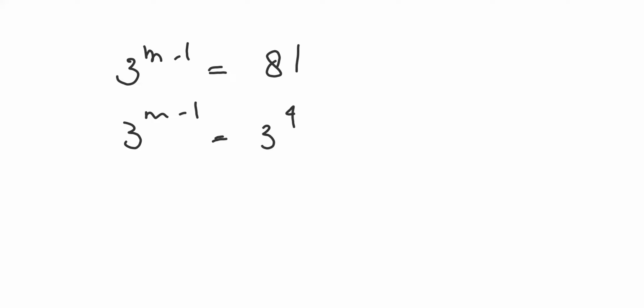Now, if you have to find x if 3 raised to the power m minus 1 is equal to 81. Now you have 3 to the power m minus 1, and I know that I can multiply 3 four times to get 81, because 3 into 3 is 9 and 3 into 3 is 9, and you multiply 9 into 9 and you get 81.